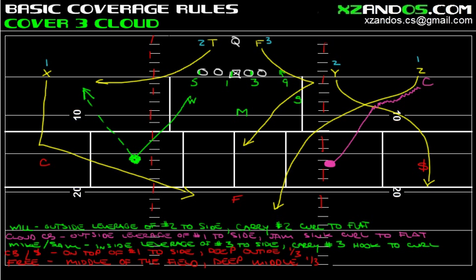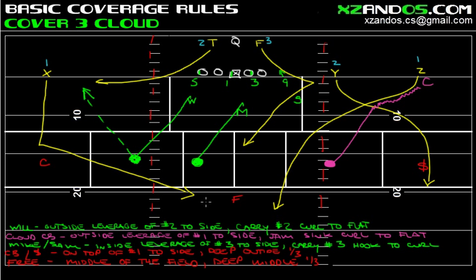Mike and Sam. Mike is going to be inside leverage, or either of them are going to be inside leverage number 3 to their side. Mike doesn't have a number 3 to his side, so he's going to open up opposite of the Sam and settle down in his hook. Depending on the depth that he gets to, he might be able to help on this post.